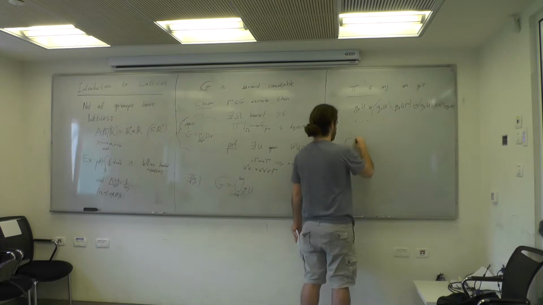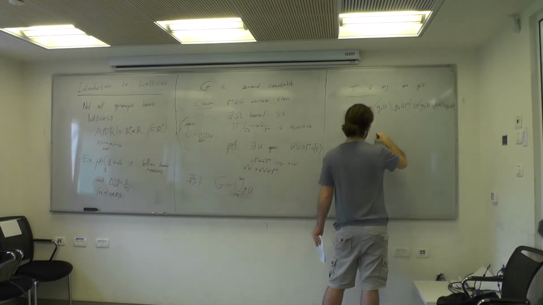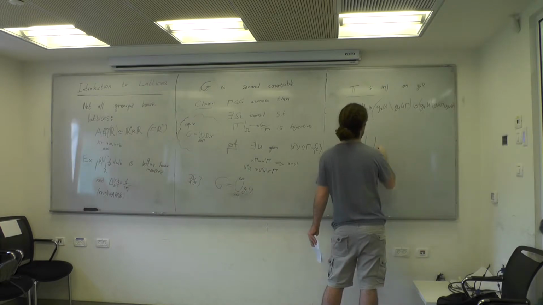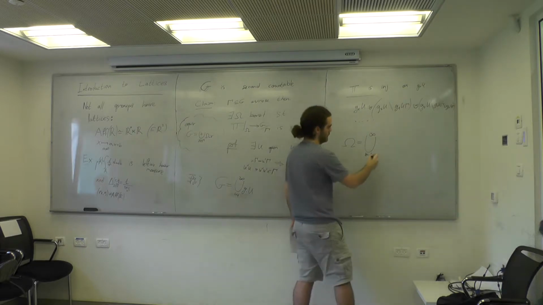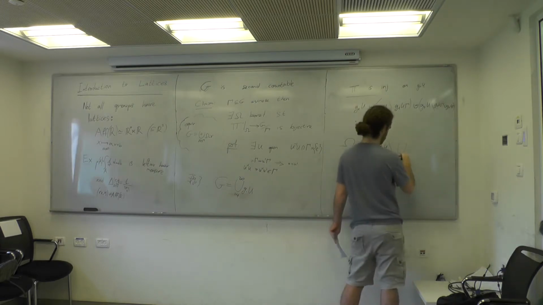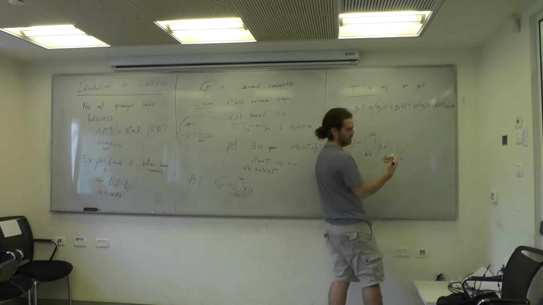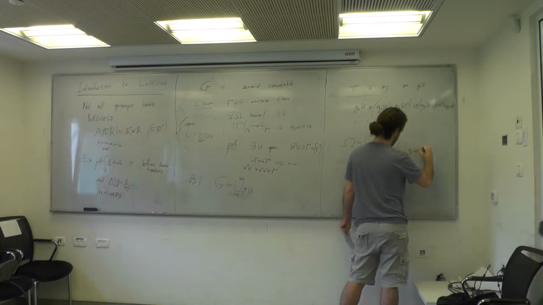and consider omega to be defined as the union over i equals 1 to infinity of GiU minus the union of all the previous translations of the previous elements. So Gi U gamma.